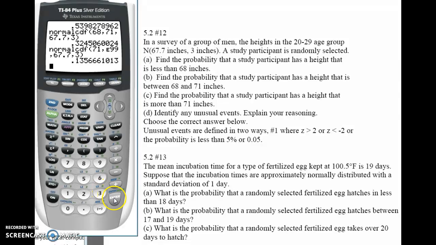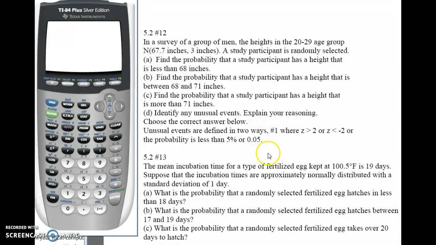Be careful and watch what your author says to round your answer to, or if you need to change it to a percent. They want you to identify any unusual events. Unusual events are defined in two ways.